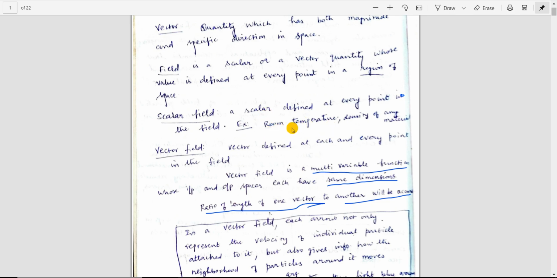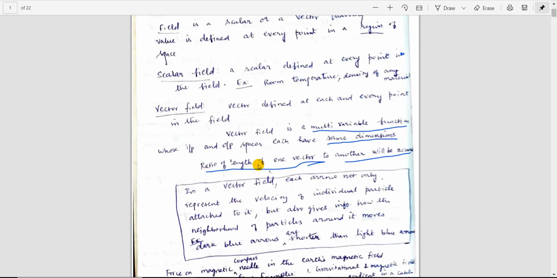So the room temperature may vary for a given point of time. If you are defining the room temperature at each and every point during that time period, then it is going to be called a scalar field.